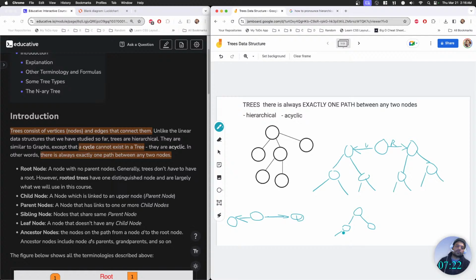Just by creating a reference to the next node, that's pretty cool.